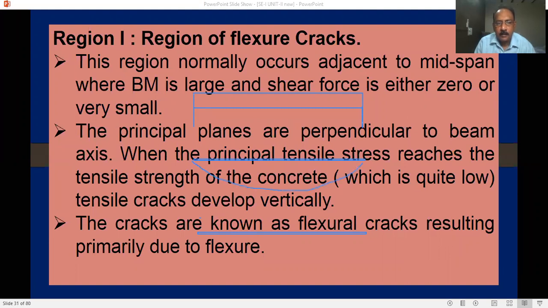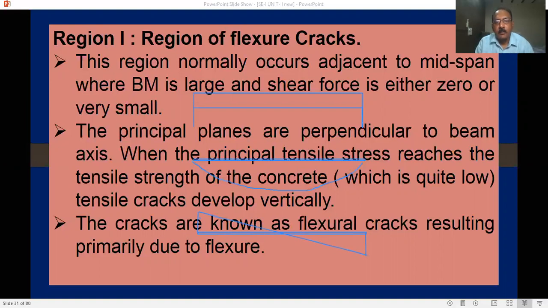Everyone should know these bending moment diagrams. These are very important questions for all competitive examinations and viva interviews.